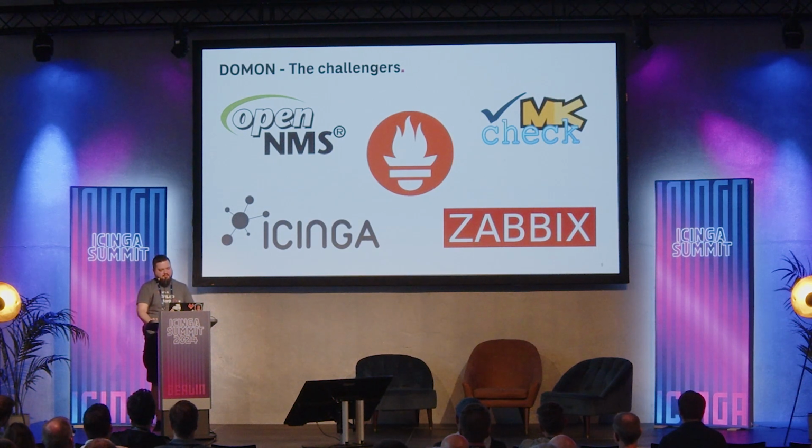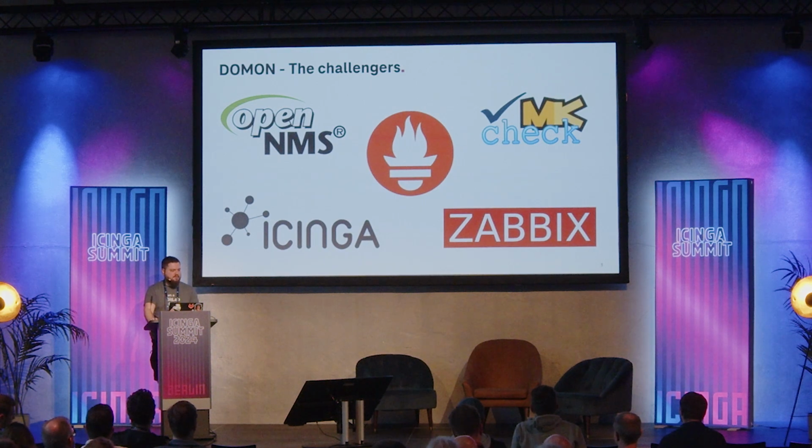So while evaluating them, we didn't choose OpenNMS and CheckMK because they are very opinionated, very template-focused, and very constrained for our use cases. They expect you to kind of establish one standard and roll it out everywhere, which is not compatible with our diverse projects and changing requirements and everything.